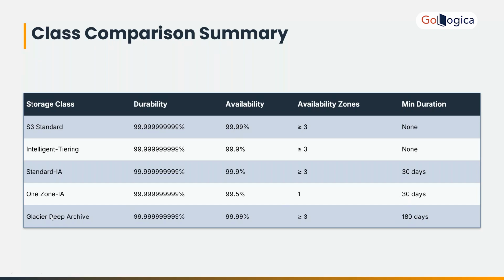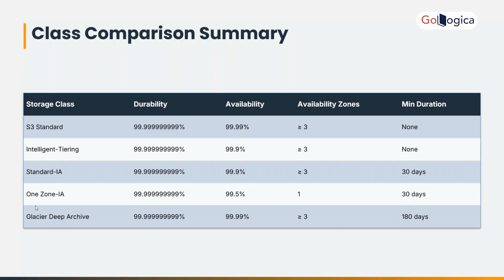But this will not happen, because when you delete your data in 60 days, you're not fulfilling this minimum duration. So the Glacier Deep Archive rates will not apply. That is a thing we need to keep in mind.